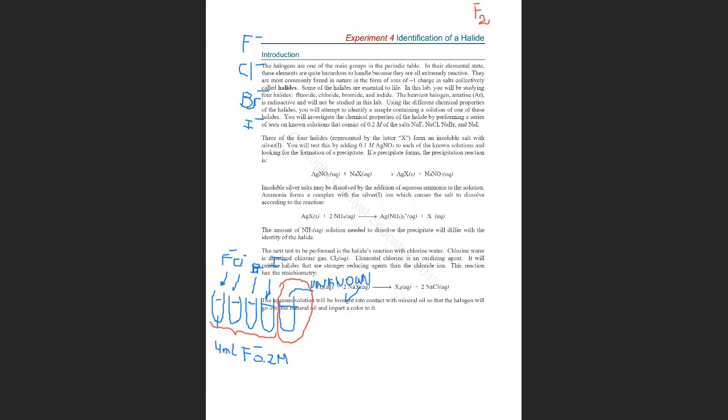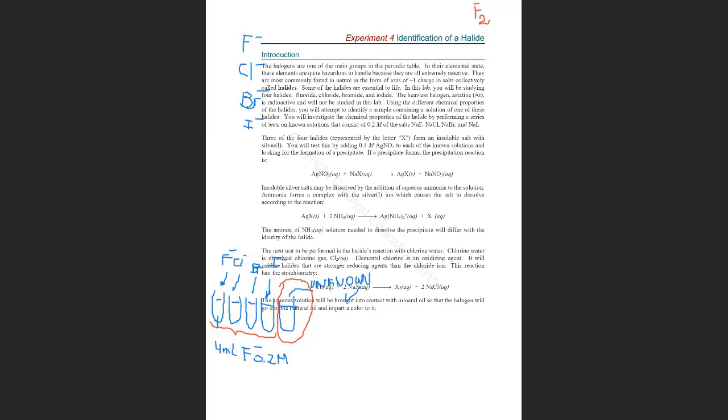Your unknown is going to be either fluoride or chloride or bromide or iodide. And depending on the color of the tube, you are going to recognize what halide you have.